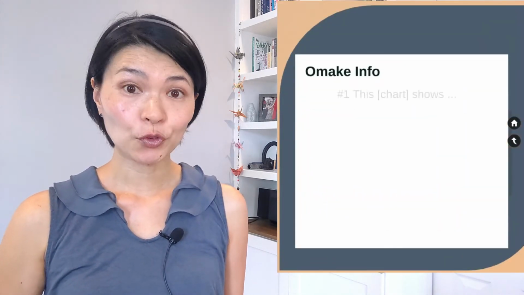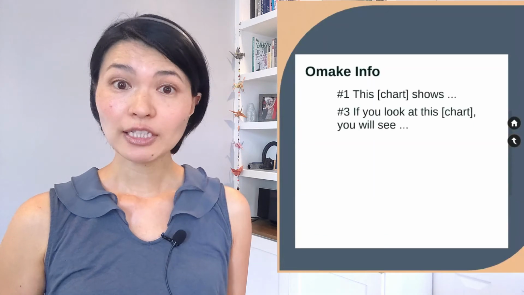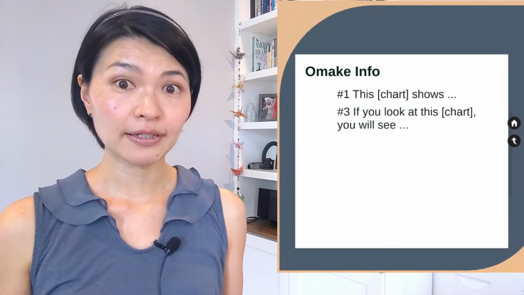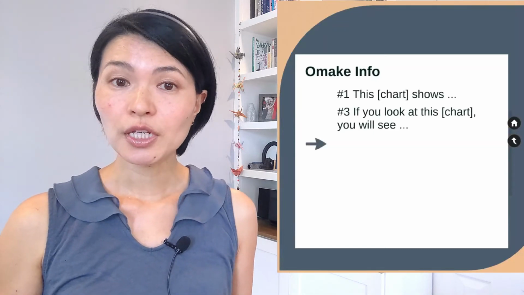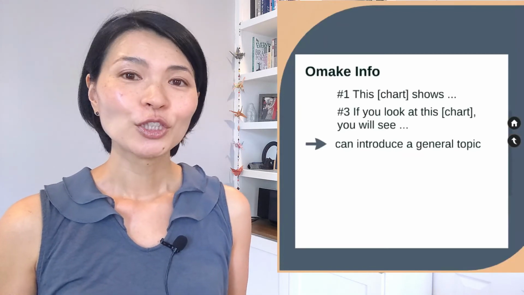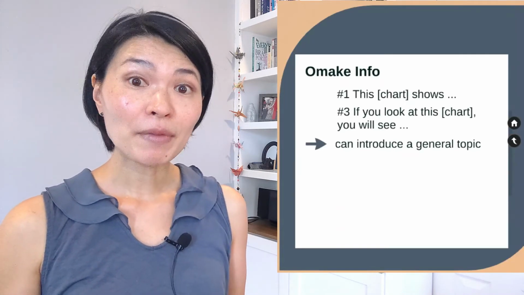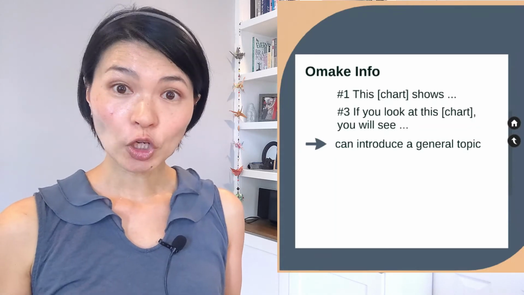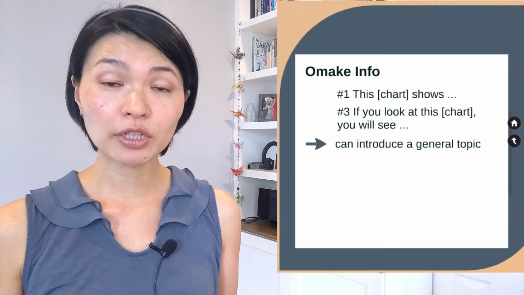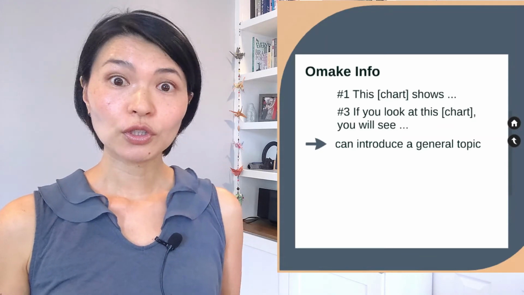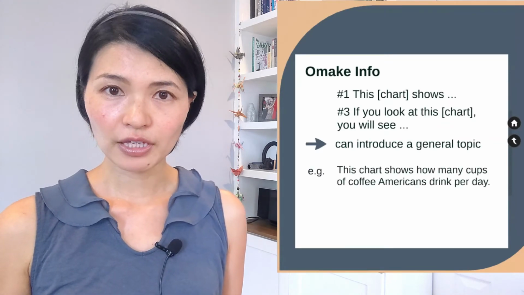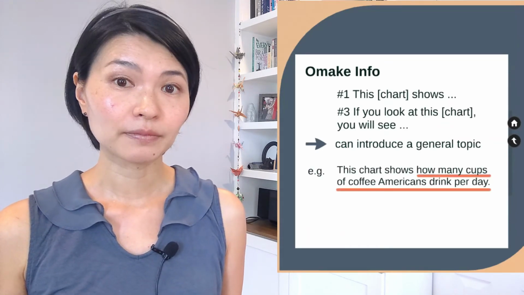The first and the third mama phrases, this chart shows, and if you look at this chart, you will see, you can also use to introduce the general topic of the chart. So for example, instead of making your point saying, this chart shows that most Americans only drink 3 or fewer cups of coffee a day, you could also say, this chart shows how many cups of coffee Americans drink per day.